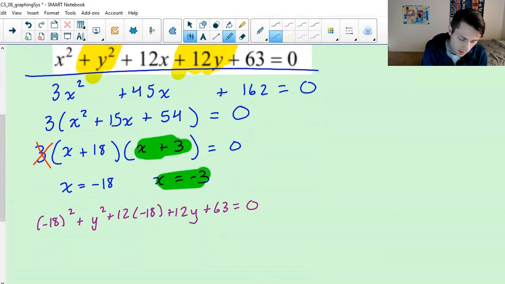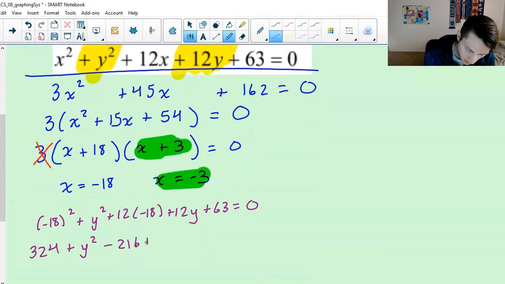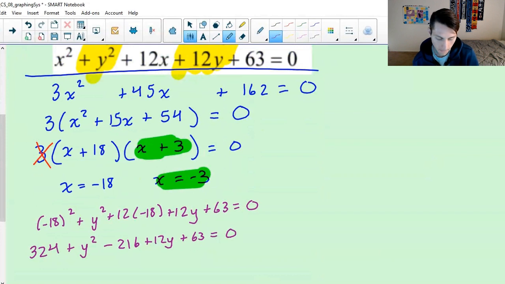Right? Negative 18 squared, 324. 12 times negative 18 is minus 216. We'll add together my constant terms: 324 minus 216 plus 63.